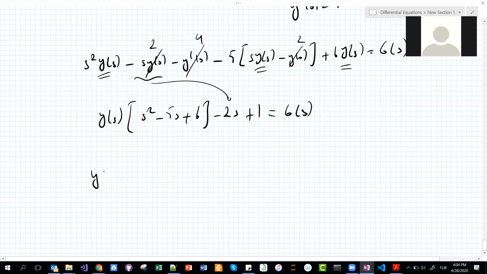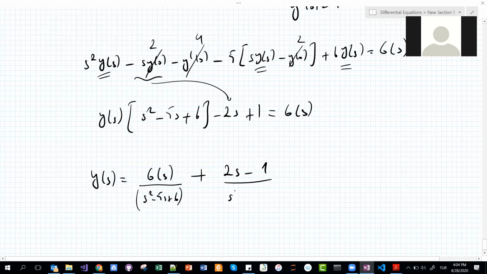Then y of s would be equal to g of s plus 2s minus 1, correct? 2s minus 1, over s squared minus 5s plus 6.